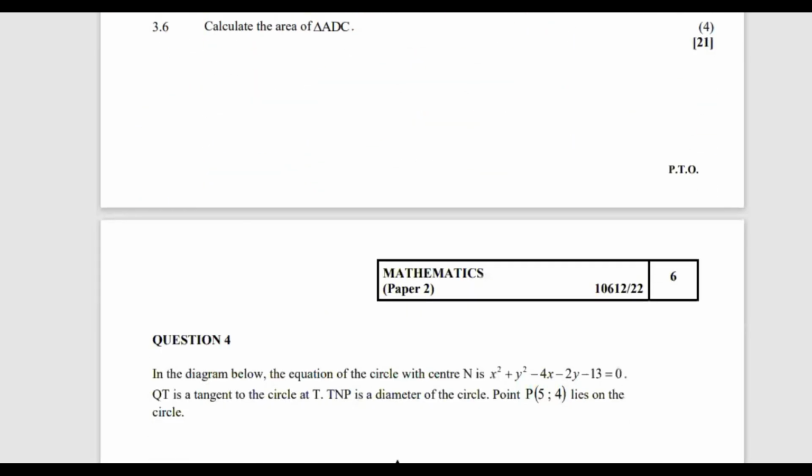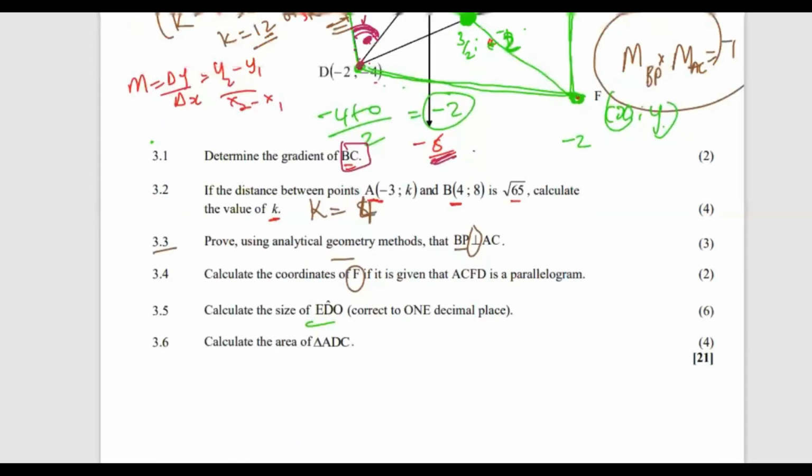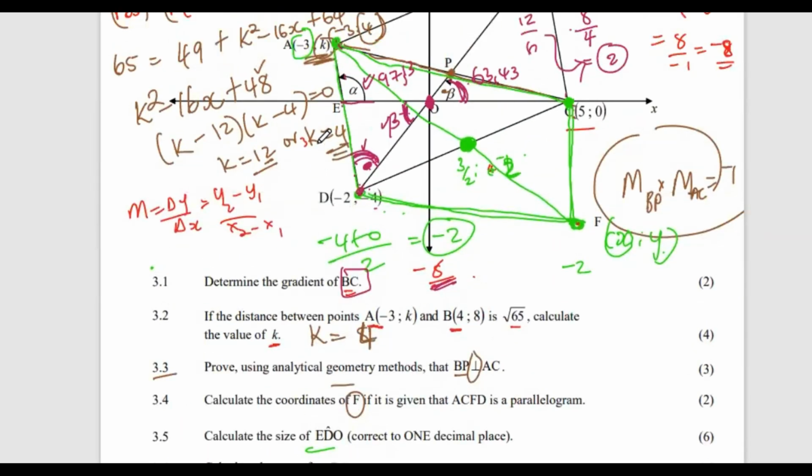Then 3.6, they want the area of ADC. A, D, and C. So what do we know? Remember from the area rule, we must have two sides known as well as an angle.